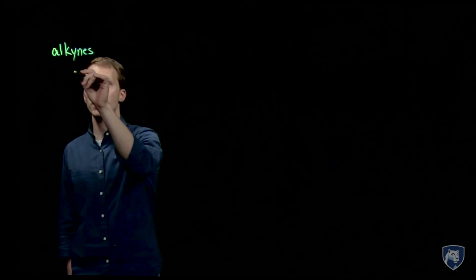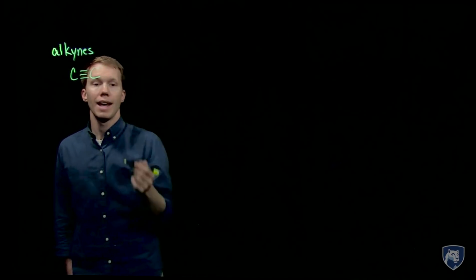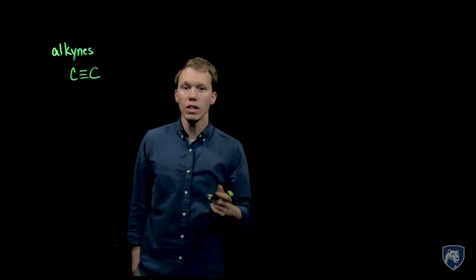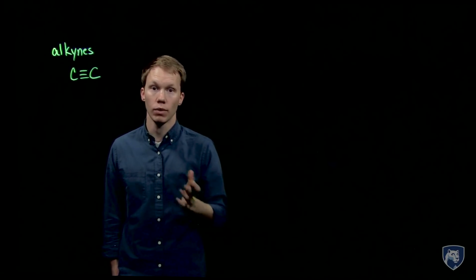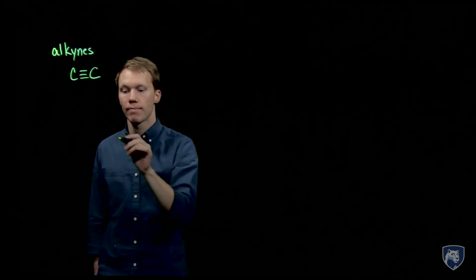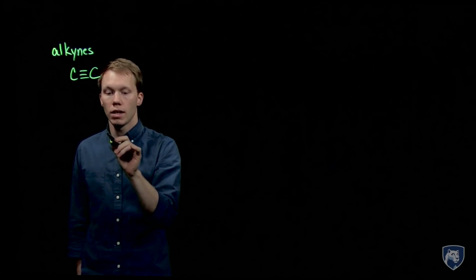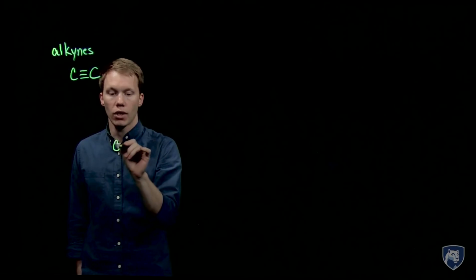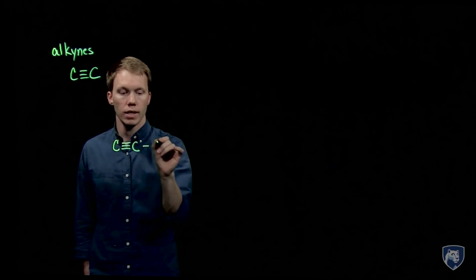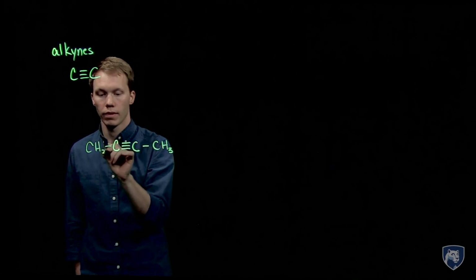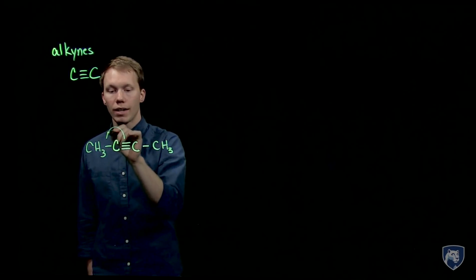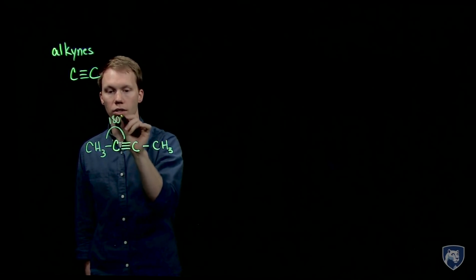Alkynes consist of carbon-carbon triple bonds. And when we draw an alkyne, it's going to look slightly different from the zigzag pattern that we see for alkanes and alkenes. Because the geometry about a carbon-carbon triple bond is linear, the bond angle here is 180 degrees.